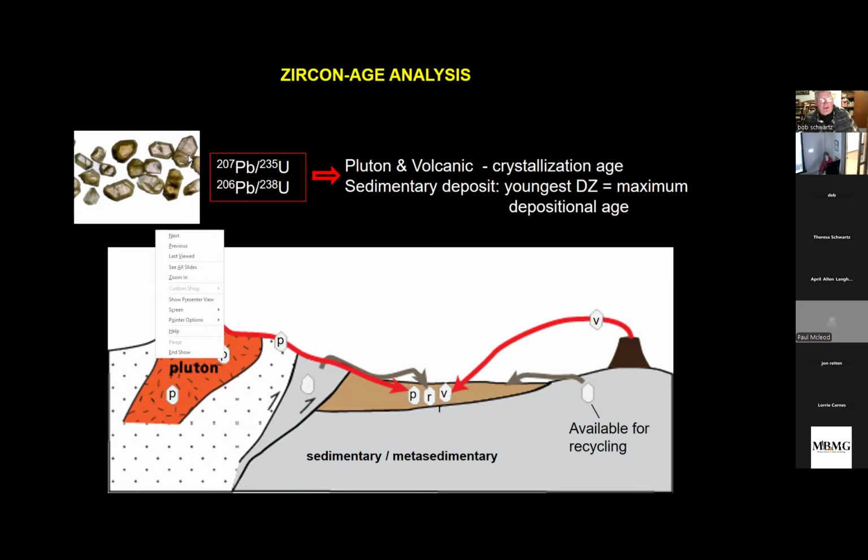This tells you the crystallization age of the grains. So in the case of plutonic and volcanic rocks, it tells you when they were crystallized. And that has a real utility in basin analysis.